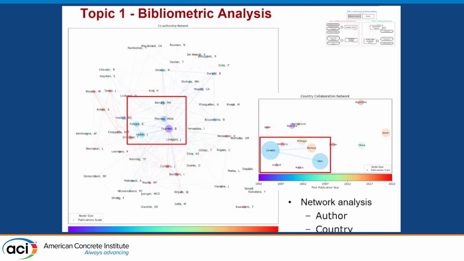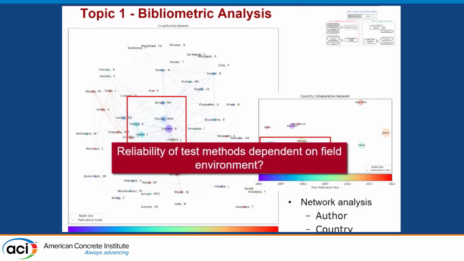Kevin Folliard, Ben Fournier, Mike Thomas, Marc Andre, all of those guys have been producing lots of data from the lab and from the field that could be used. So we had an idea that we needed to approach papers from those guys, but the bibliometric analysis gave us the right road to go and get some data.